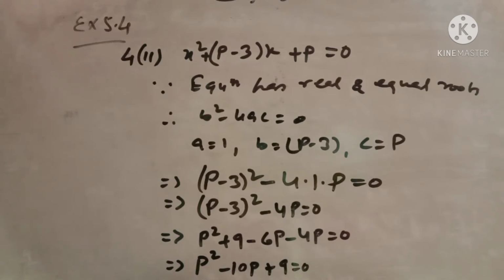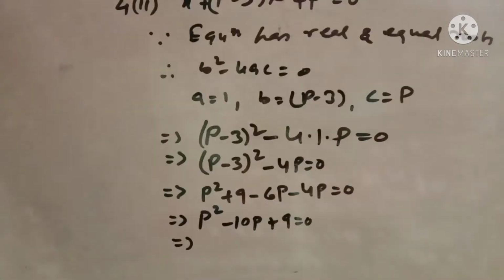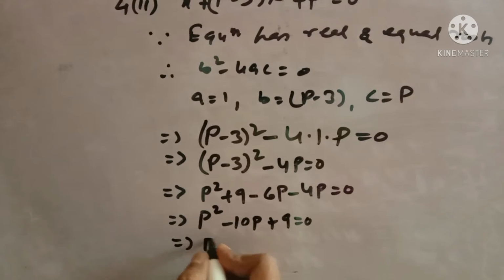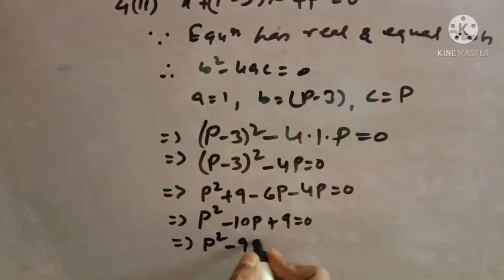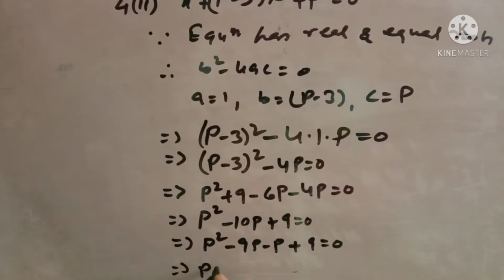Now factorize it. After factorization I can write p square minus 10p, 10p I can write 9p minus p, plus 9 equal to 0. Therefore take p as a common, p minus 9, and here we can take minus 1. So it will come p minus 9 equal to 0.